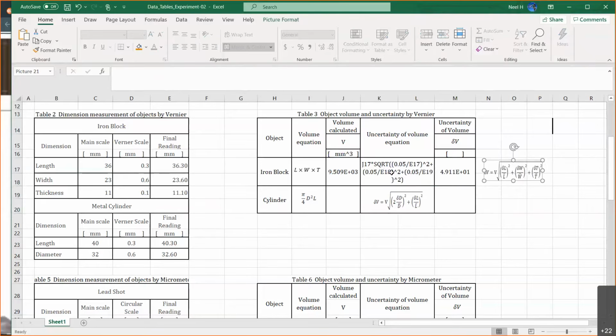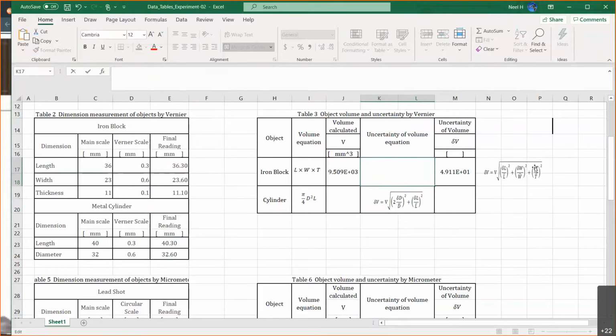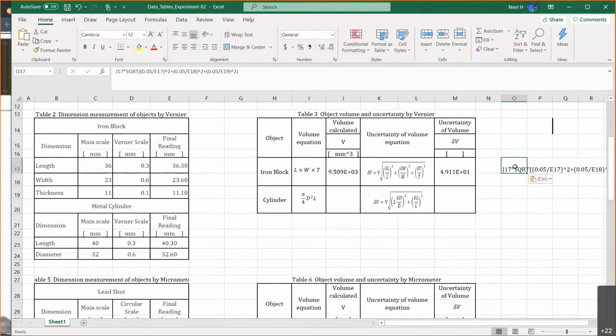Make sure when you copy paste this table into your report, I'm not interested in this function here. Let me change that. That's not a good place to leave it, otherwise you may get confused later. So let me leave it here. That is actually how I did the calculation, which is delta V for the iron block. Okay, so that's the function.